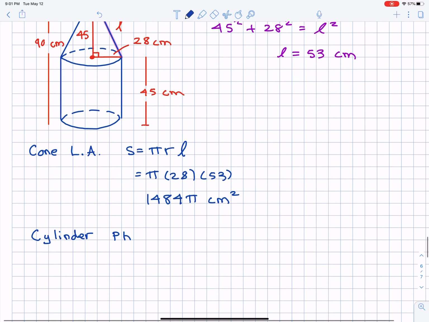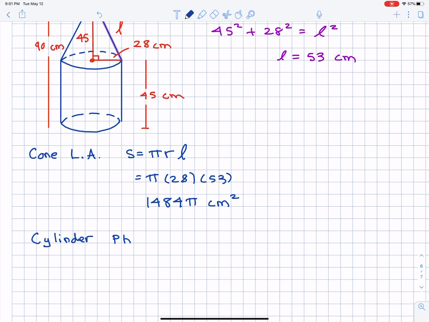Actually, let me just quickly say, because with the cylinder we're also going to find this base right here, right? So we do have one base. So I'm going to say plus the base.